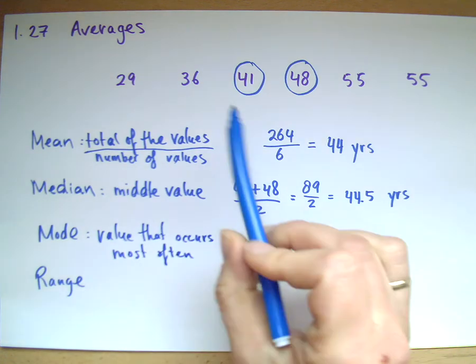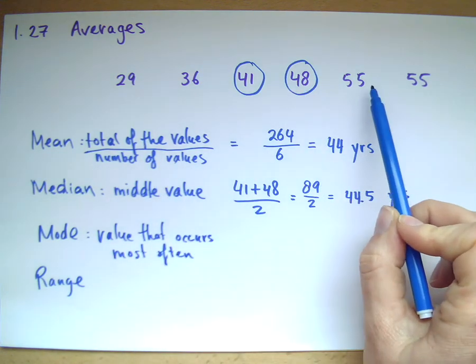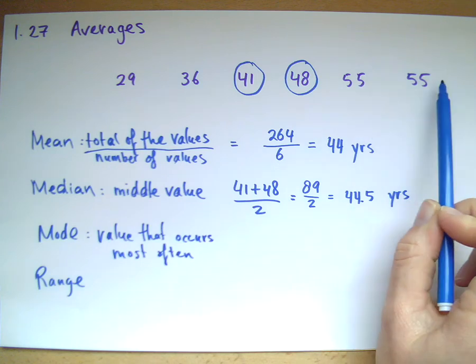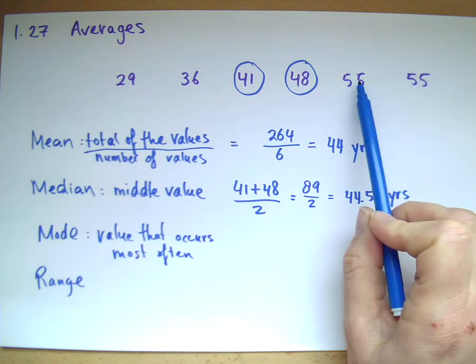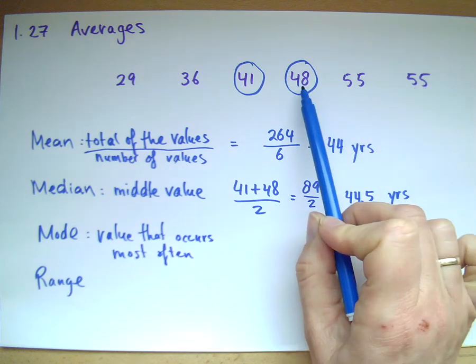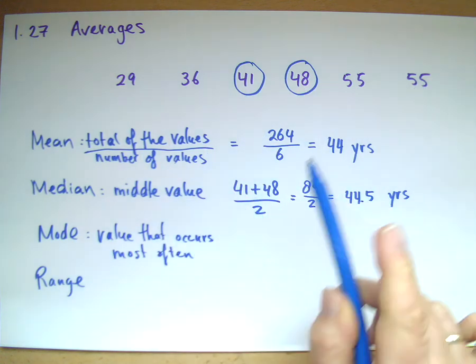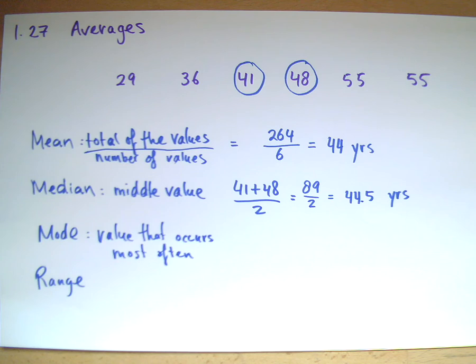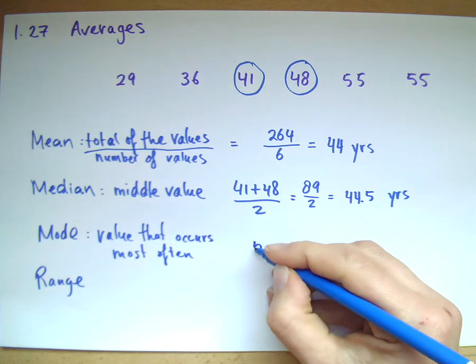Sometimes there's no mode, but in this case you can see that there's actually 2 people that told me the same age. 55 occurs twice. The other ones only occur once. So 55 is the age that occurred most often. 55.